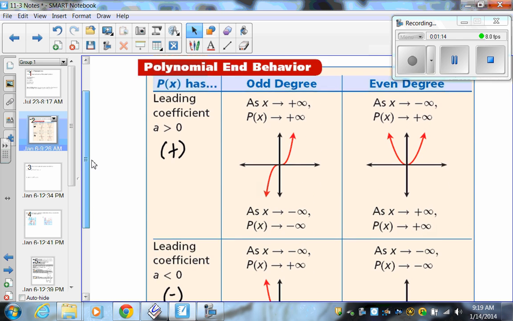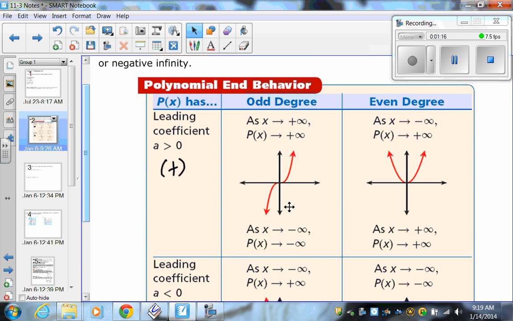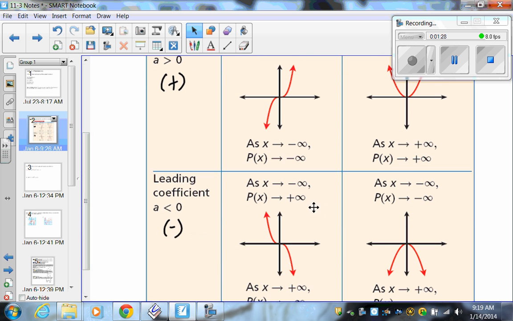So our end behavior, you're going to have one of four options. It's either going to be this one, because it's an odd degree with a positive leading coefficient, an even degree with a positive leading coefficient, an odd degree with a negative leading coefficient, or an even degree with a negative leading coefficient.